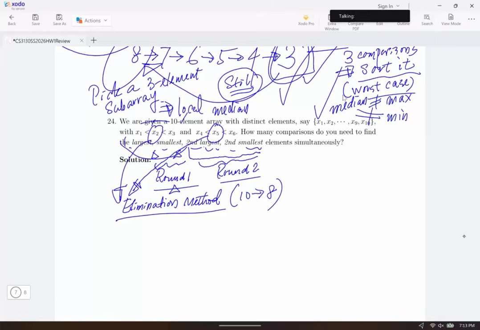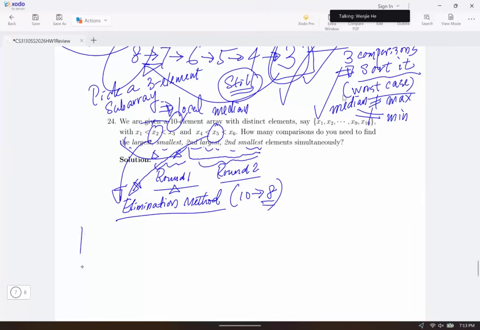All right. To repeat that part, tournament method, right? We pair all the elements. Here, 10 elements or 8 elements, even number, so we can pair all the elements.